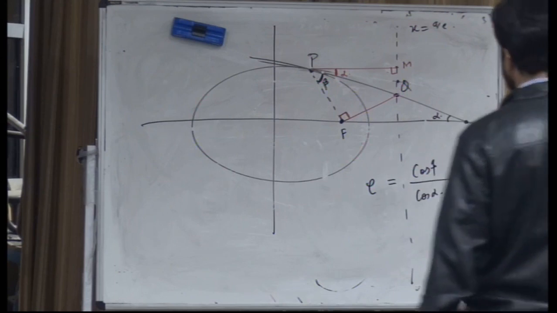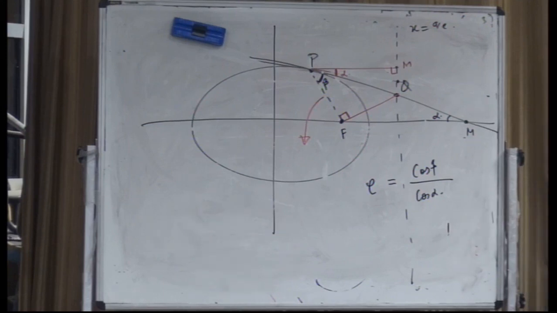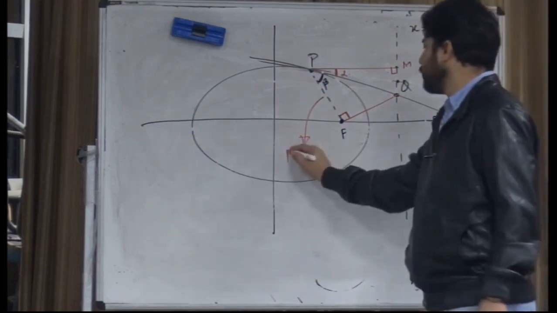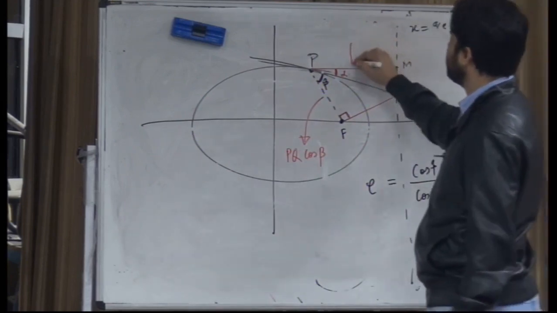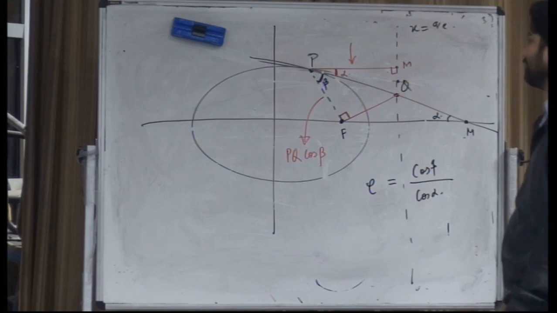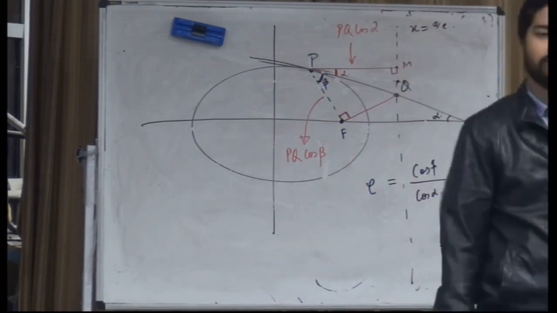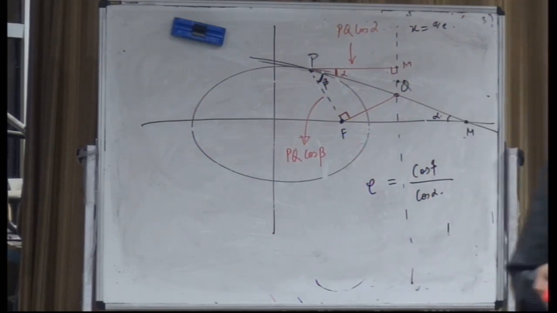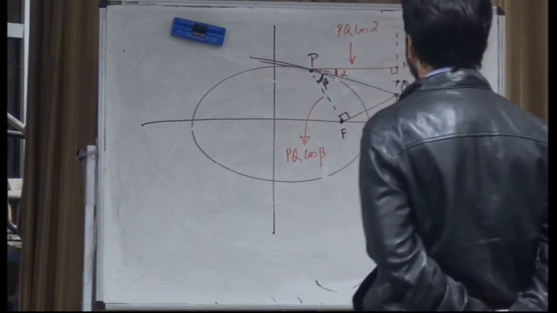Okay. What is PF? PQ cos beta. And what is PM? PQ cos alpha. हो गया, इतना आसान क्वेश्चन था ये. E is PF upon PM. E is nothing but PF upon PM, so PQ cos beta upon PQ cos alpha.